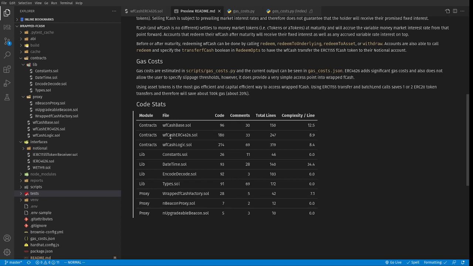And then finally, we'll look at the ERC4626 implementation, which is a lot simpler since it mainly uses the wrapped fCash logic that we have. So let's take a look at these proxy contracts first.